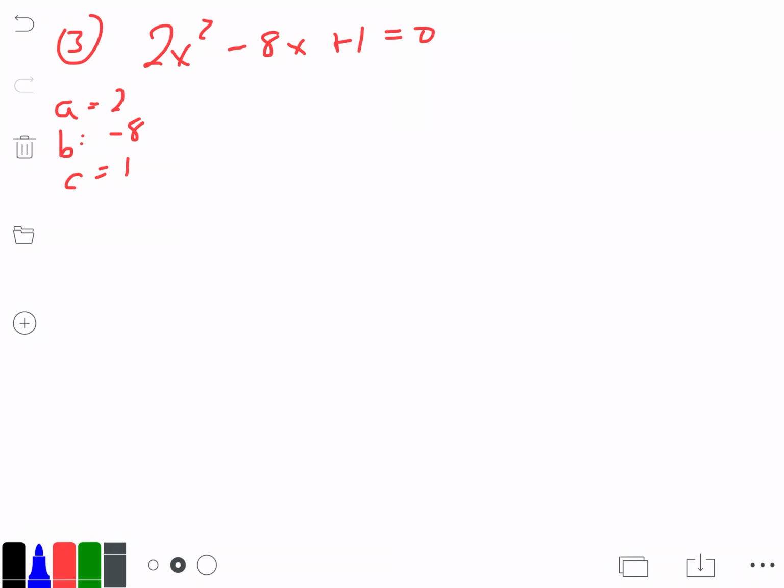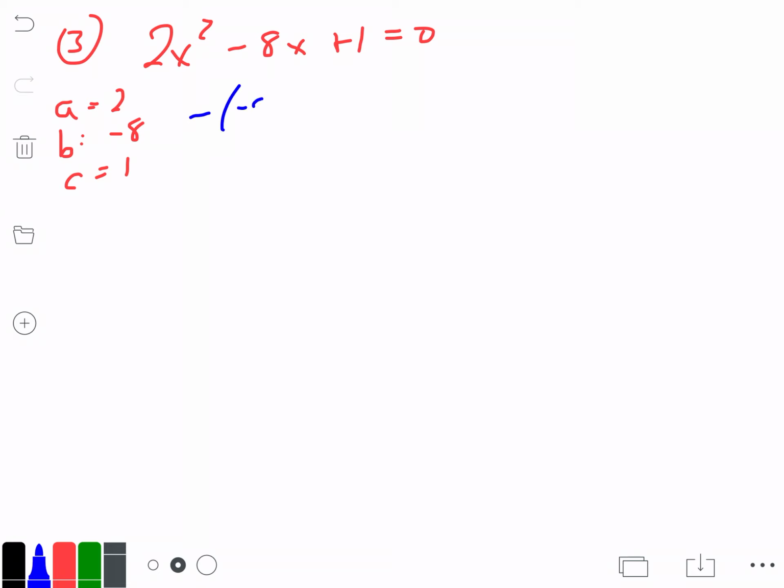So here's number 3 on Your Turn. This one is in proper form: 2x² − 8x + 1 = 0. Your a is 2, b is negative 8, c is 1. We're just going to plug them right into that equation.